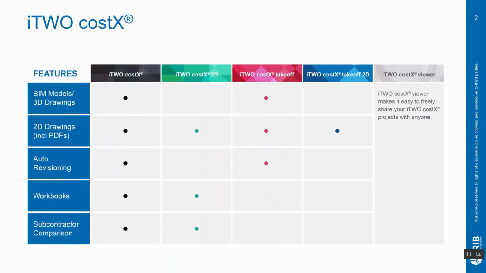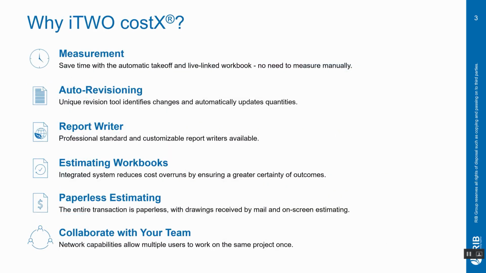For those of you who are new to costX and are not sure yet what it is all about, welcome first of all. iTWO costX is a fully integrated estimating solution, and depending on your requirement, we obviously have different features available. So it might be driven by your estimating requirements or driven by maybe the size of your business and what you need or what your budget allows. costX comprises everything.